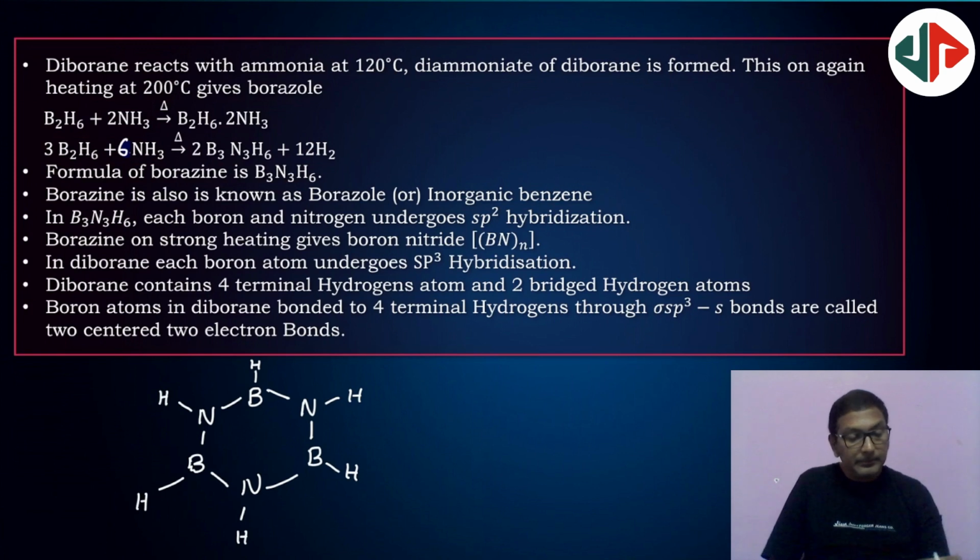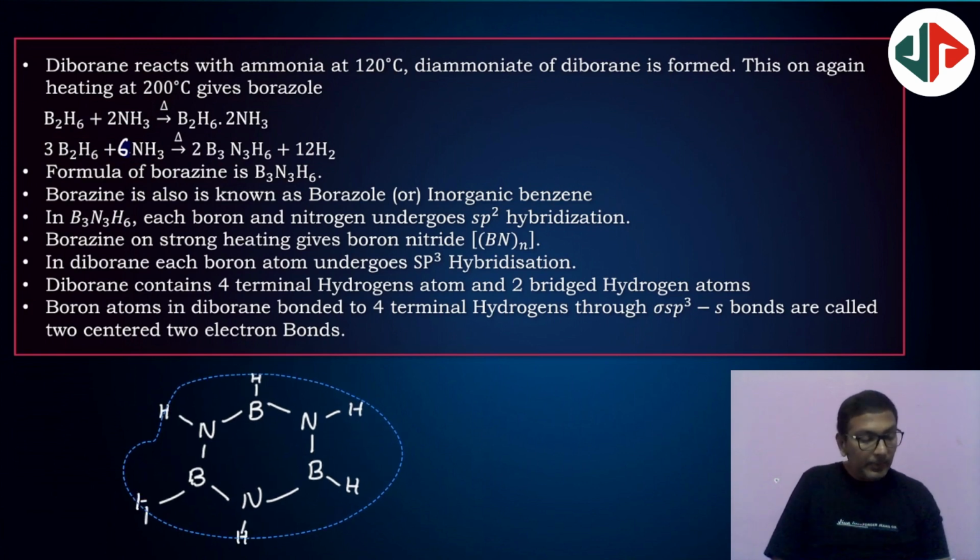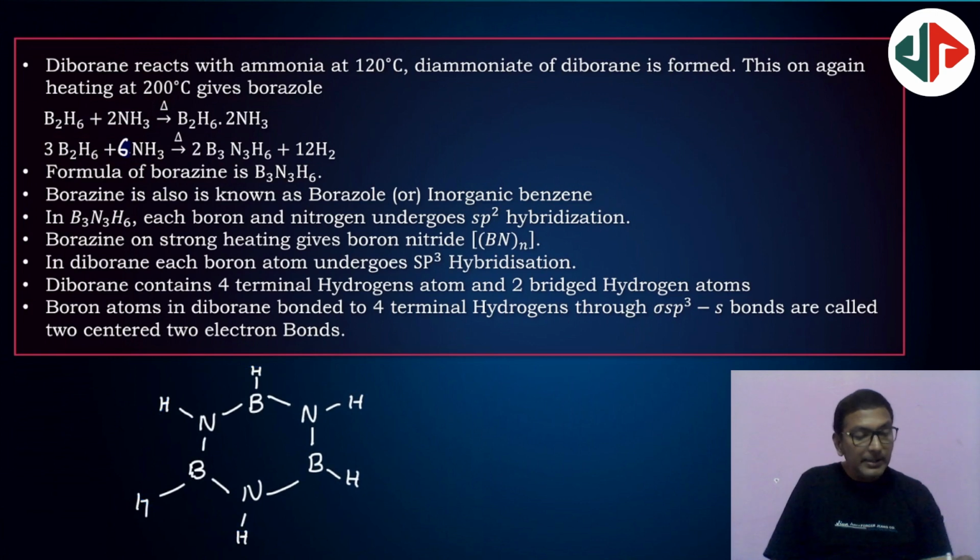Next. So on each boron, there is one vacant orbital, but on nitrogen, one lone pair. So this will give a dative bond. Next here lone pair, again one vacant orbital, one dative bond. Next here also one lone pair, one vacant orbital, one dative bond.